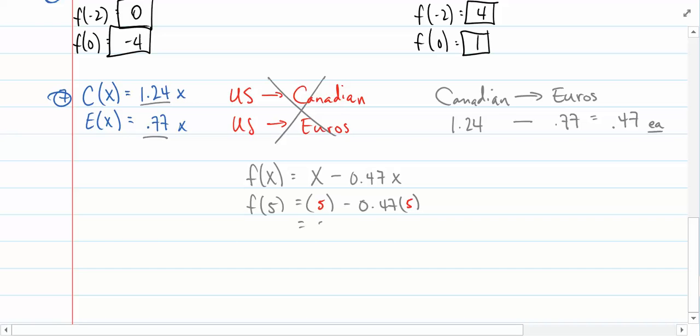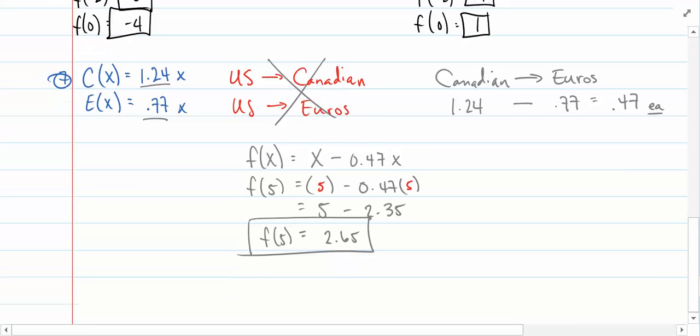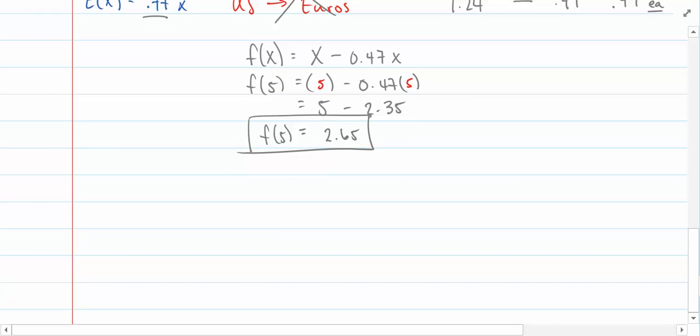We're evaluating this equation at 5. So we have 5 minus 2.35. I did this calculation off screen. And then 5 minus 2.35 is 2.65. So again, f of 5 is 2.65. Well, what does this mean?